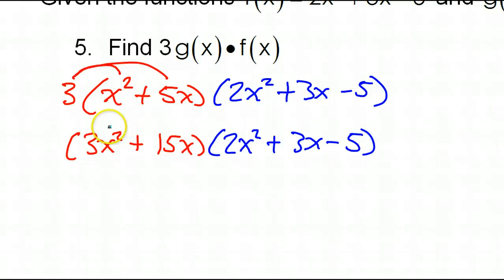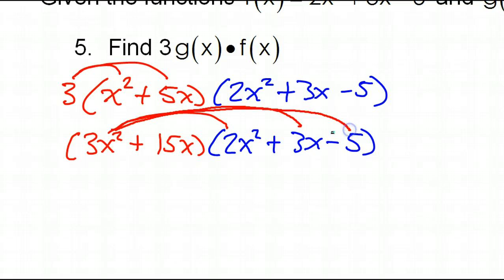So I'm going to start by distributing the 3x squared. So if I do that, multiplying 3x squared times each one of these terms. So here's what I get. First of all, 3x squared times 2x squared. Well, 3 times 2 is 6. But x squared times x squared is x to the 4th power.